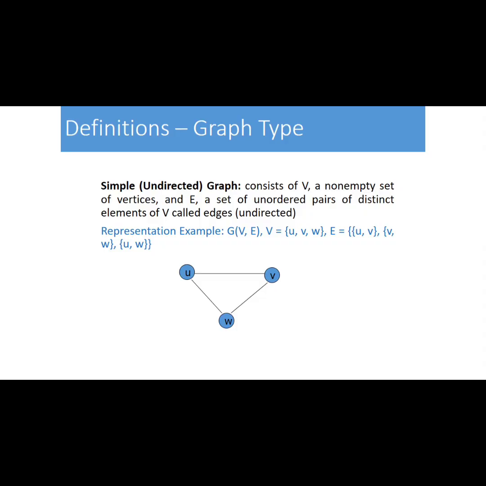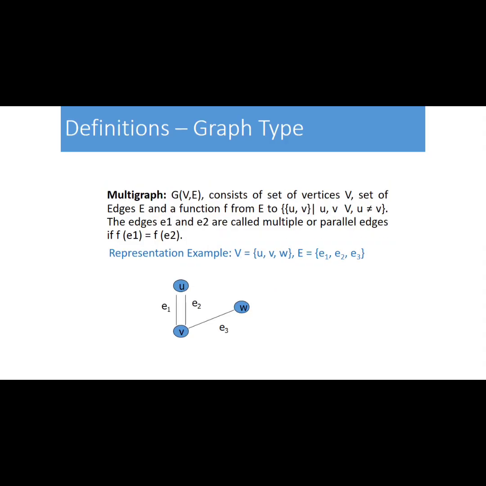In this graph there are three vertices U, V, W. They are connected by three edges: U, V connected by one edge, V, W connected by one edge, and U, W connected by one edge. Here there is no direction and no loop. So any graph without loops and multiple edges is called a simple graph, or undirected graph.